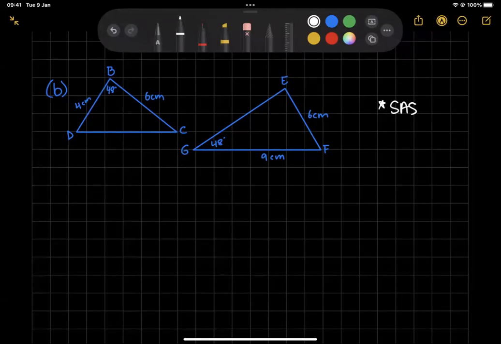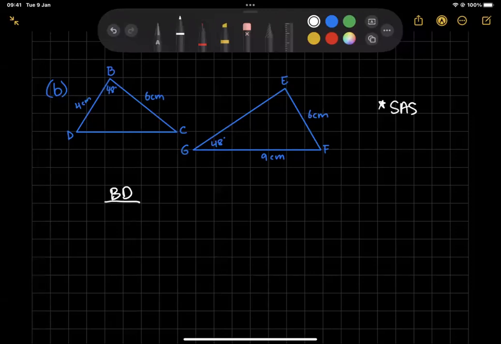Let's do side BD. You can do it whichever way you want to find the proportion, as long as the scale factor is the same. I usually like to do it with the bigger triangle, but let's just try it with the smaller triangle first at the top, in the numerator.